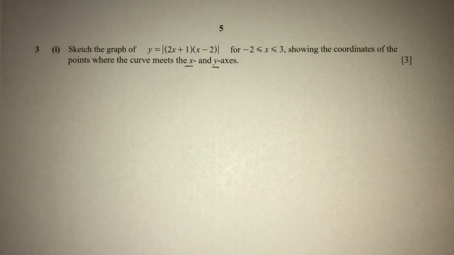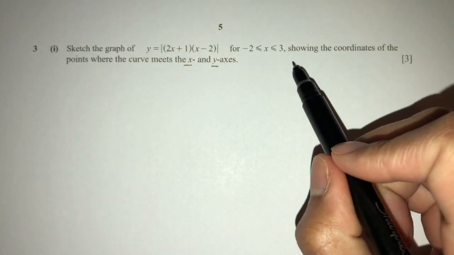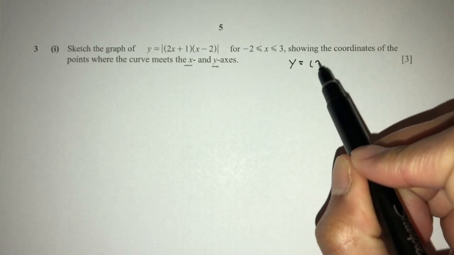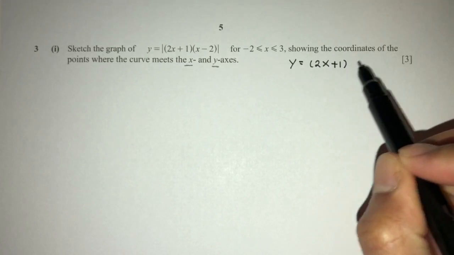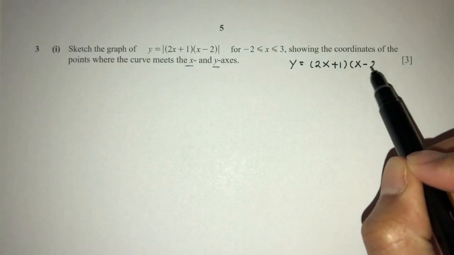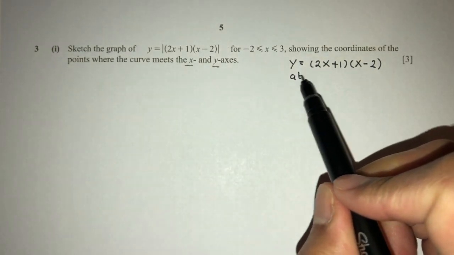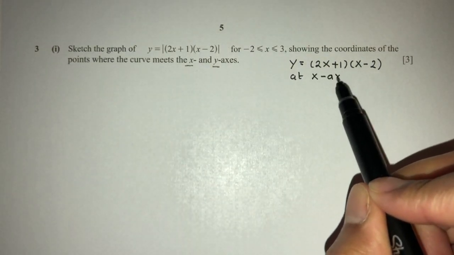The way I like to proceed with this question is I first ignore the modulus. So I would let y at first be (2x + 1)(x - 2). Then I will find where it meets my axis. For example, at the x-axis, what do you know?